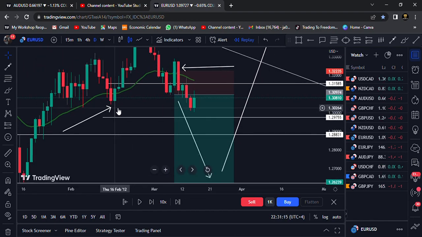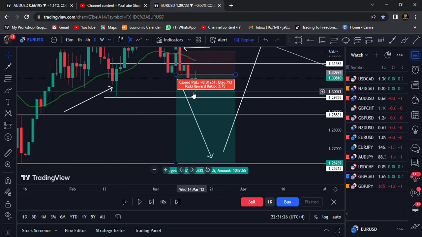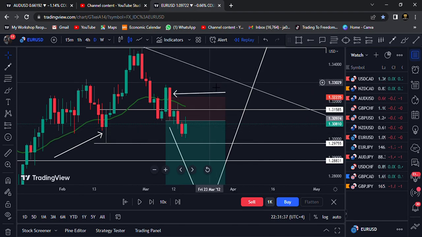So since we had already this one, we are having difficulties to actually believe that the market is gonna come right down here. And if the market doesn't touch here and just completely rejects this area, this support, it means it's gonna go up now and just break and go right up there.